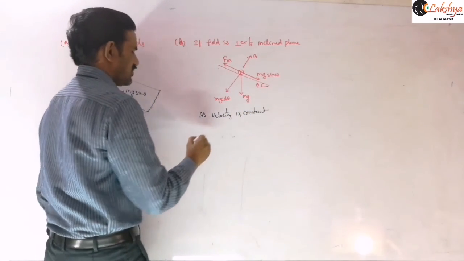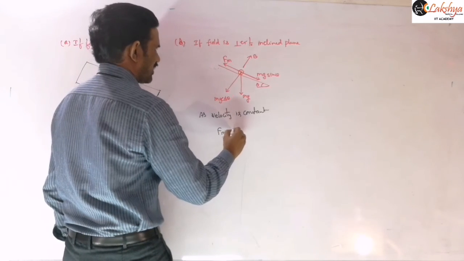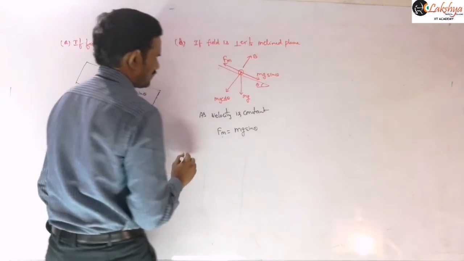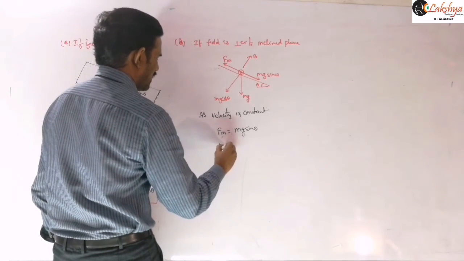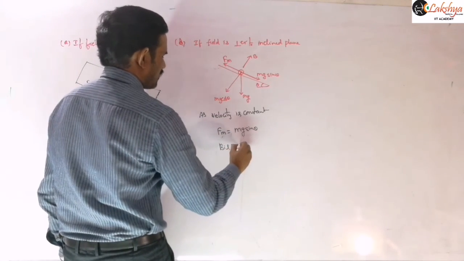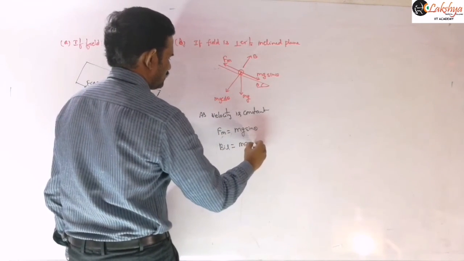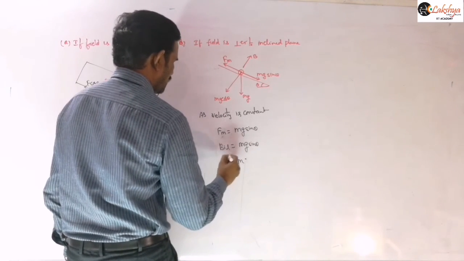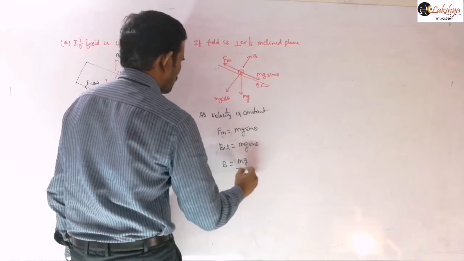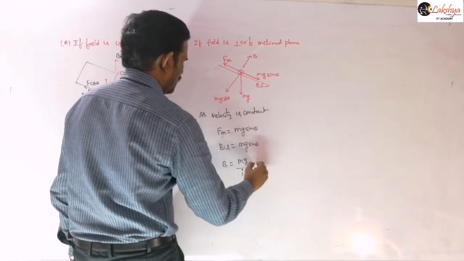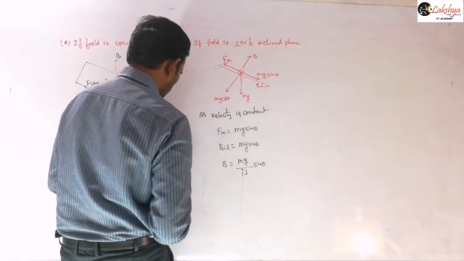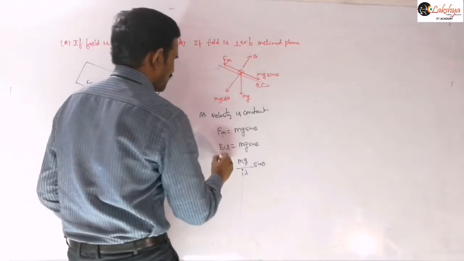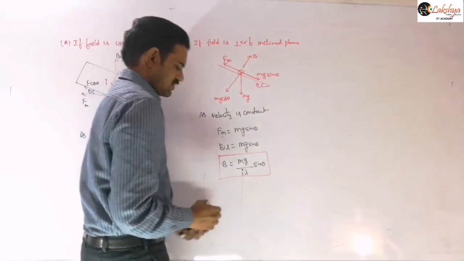So as velocity is constant, what we can write is magnetic force Fm is equal to mg sin theta, and therefore BIL is equal to mg sin theta. So B value we need to find here. B is equal to mg by IL into sin theta. So that is the magnetic field required in this case, given by this expression, right?